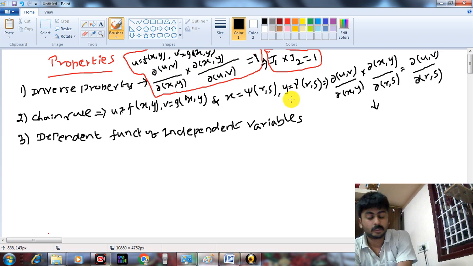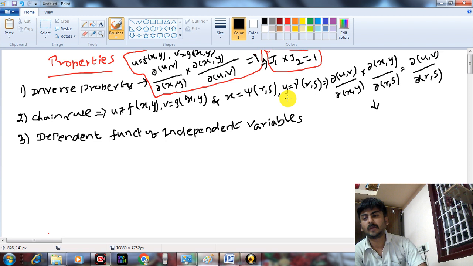Now, this chain property can be expanded to three variables also.